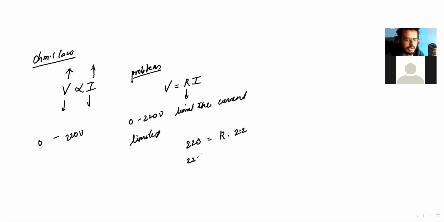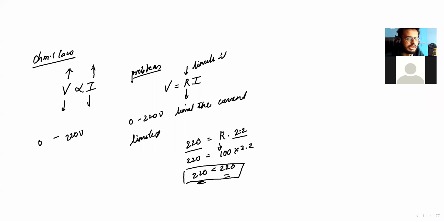In this case, my resistance will be 100, and 100 into 2.2 gives 220, so the left hand side equals the right hand side. So if you have a voltage of 220, you can have a current of 2.2, and the remaining part will be compensated by resistance. Resistance is the one that limits the current in the system.